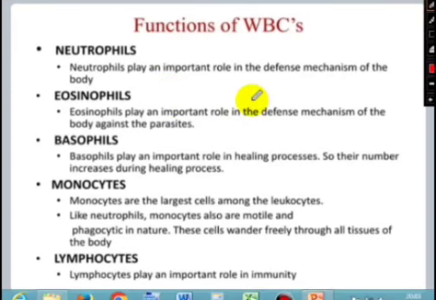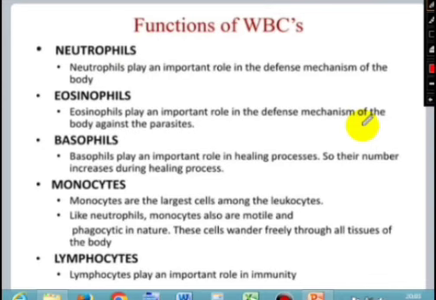So the neutrophils play an important role in the defense mechanism of the body. How?